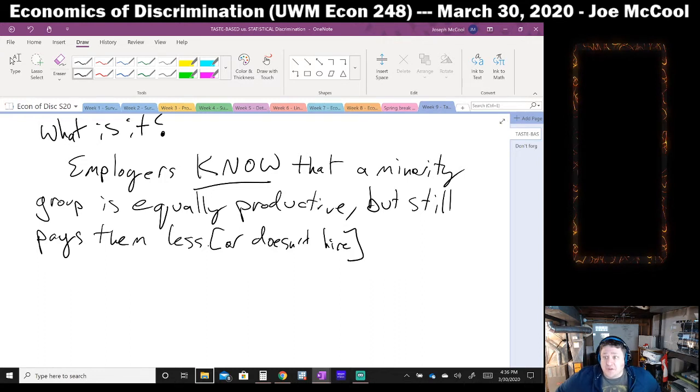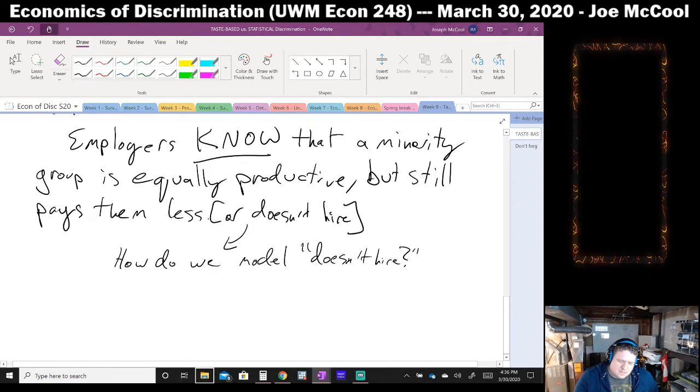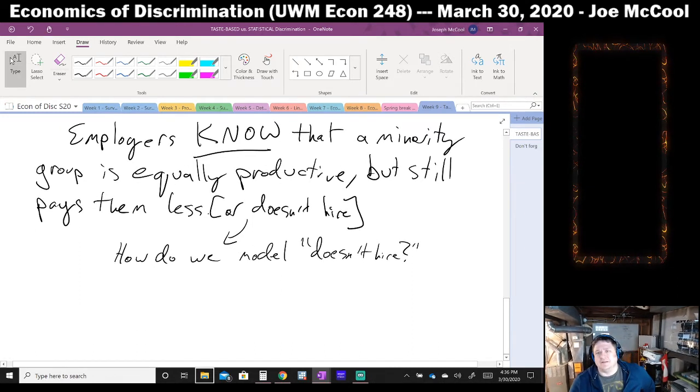So what we do in that case, if we're going to model this, how do we model this, like, doesn't hire? So remember I said you would pay someone less, so this would be like men and women. Someone really doesn't like working with women, and so maybe he wouldn't hire them under almost any circumstances.